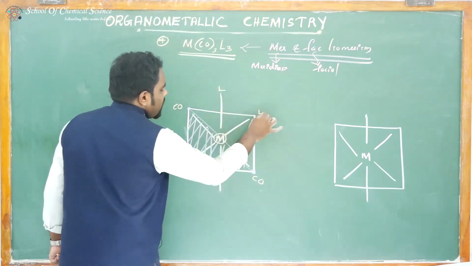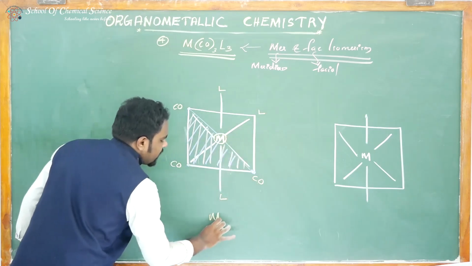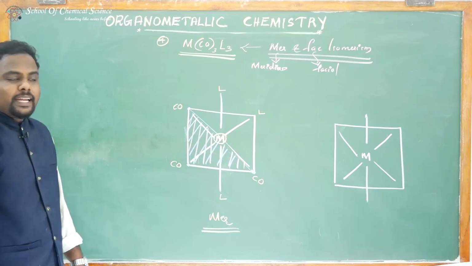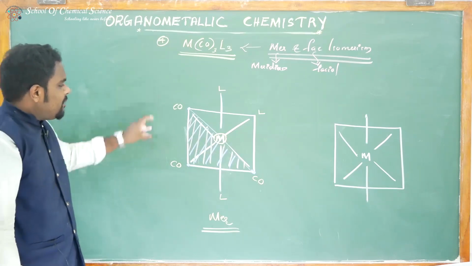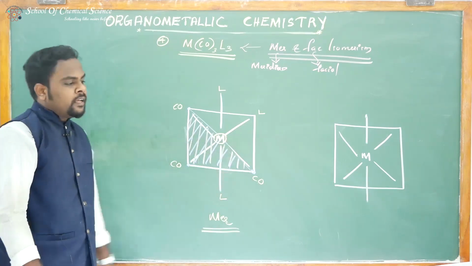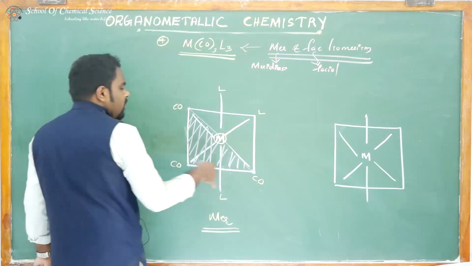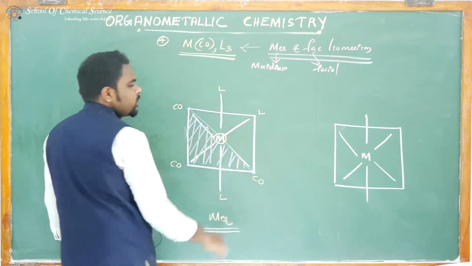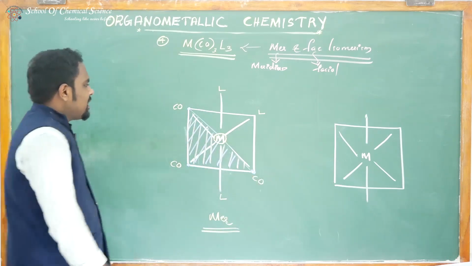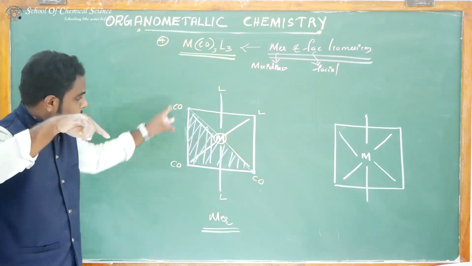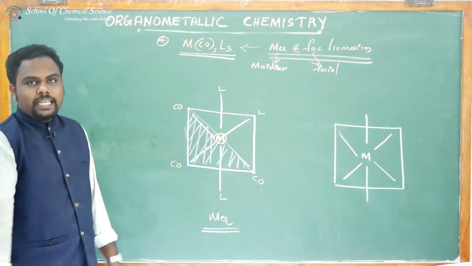Then other ligands on other positions. This isomer is called the mer isomer. That means same ligands occupying the three corners of the square plane. This is the mer isomer, meridian.